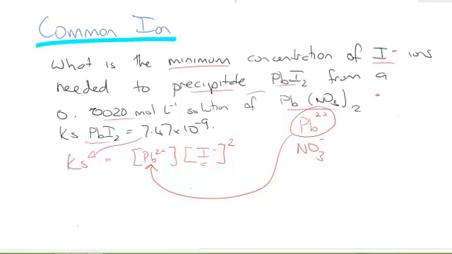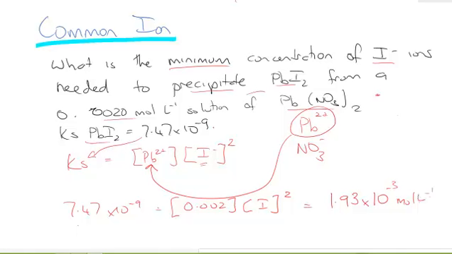So if we go through and do that calculation, it's going to be 7.47 times 10 to the negative 9 equals 0.02 times [I-] squared. And if you go through and do that working and check on your calculator that you can do it, you should get 1.93 times 10 to the negative 3 moles per litre.